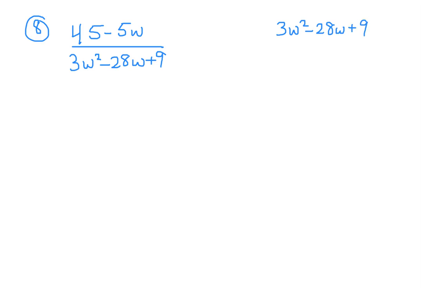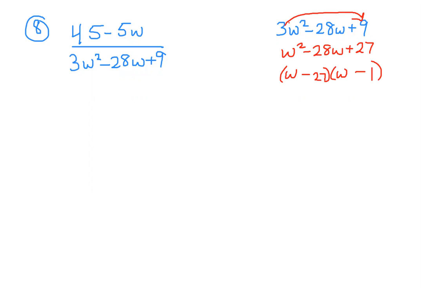You can do guess and check, or you can do this, and it becomes w squared minus 28w plus 27. And what multiplies to give you 27 and adds to give you negative 28? That's going to be negative 27 and negative 1.